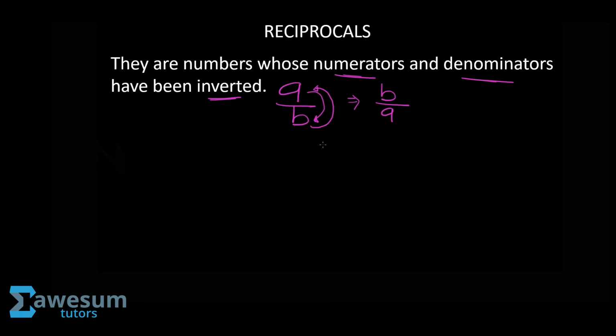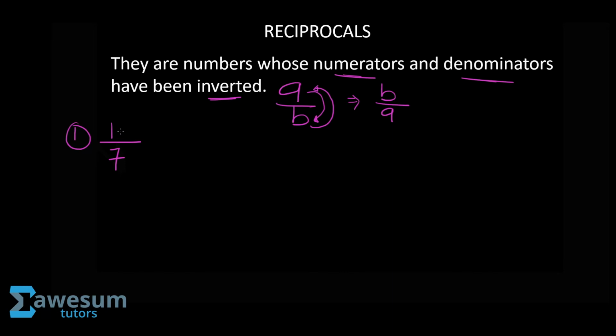Okay, so let's look at a series of examples right here. Let's say we have this number 1 over 7, and you have been asked to find the reciprocal of 1 over 7. Reciprocal of 1 over 7 means flip this fraction.